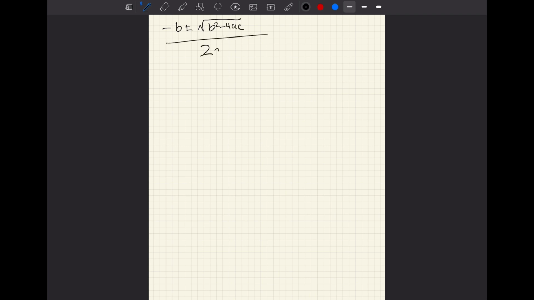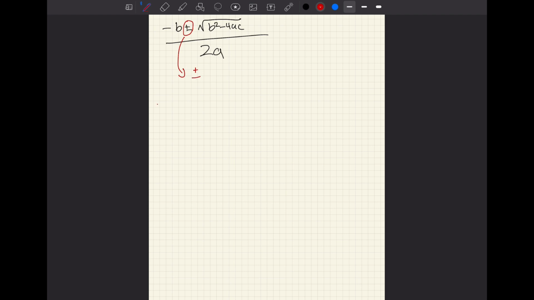So this is the quadratic formula. There is one potentially foreign element that you might not have seen, the plus minus sign.